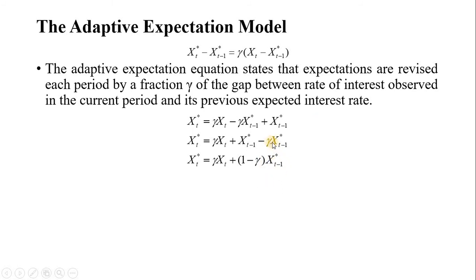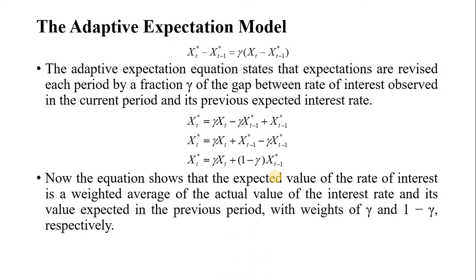Now this coefficient is gamma, this coefficient is nil, that means it is 1. So 1 minus gamma, then the common value is x star t minus 1. So what we have done now is converted our adaptive expectation hypothesis into a new equation.